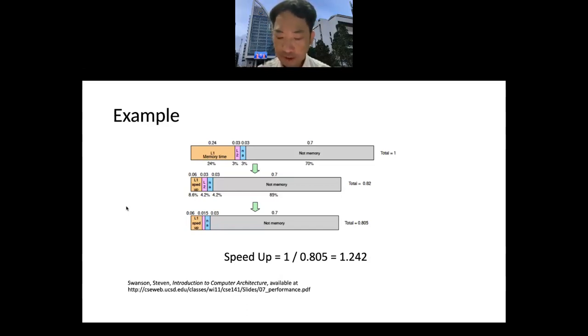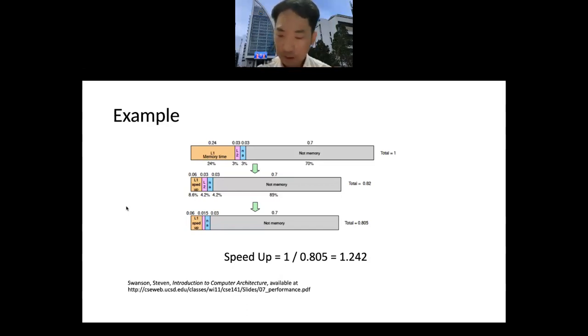Any question on this example? Okay, great.